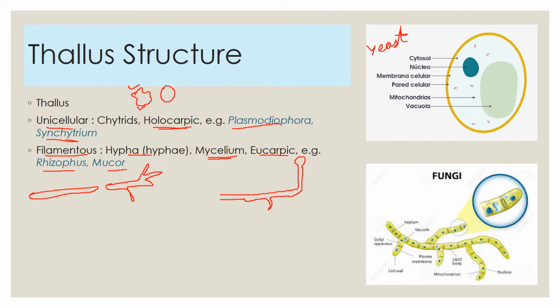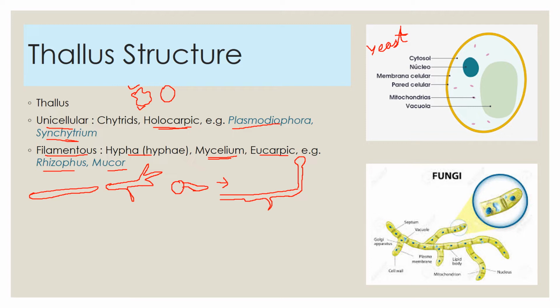Now any filamentous hypha begins as a spore. If the spore reaches suitable conditions for growth, or if it is a parasitic fungus and it falls on a suitable plant, then it germinates by putting forth a germ tube, which is essentially a tubular hypha-like structure, and then it grows into this type of structure.